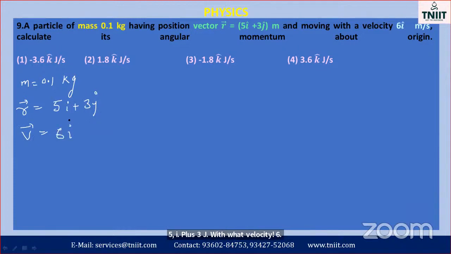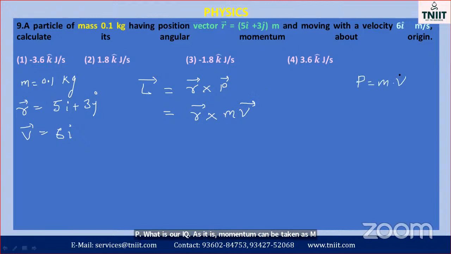Now they are asking you to find the angular momentum about the origin. What is angular momentum L vector? It is r cross p. What is r, I will keep as it is. Momentum can be taken as m into v vector, because you know that momentum is nothing but the product of mass and velocity.